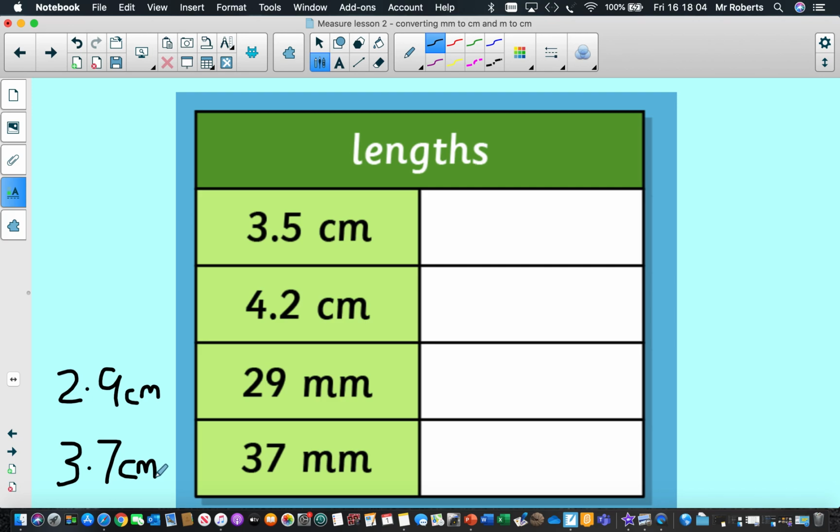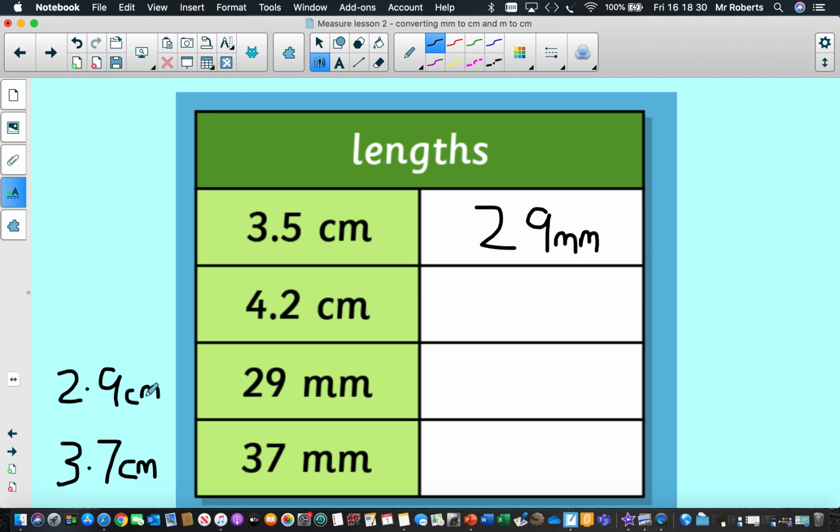So what I need to do now is put it into order, starting from smallest to largest. So our smallest would be 29 millimetres, which is what I would be writing in there. Remember that I need to write down what it was originally. If I put 2.9 centimetres, probably it's not going to accept that as the right answer, even though it is the same or equivalent.